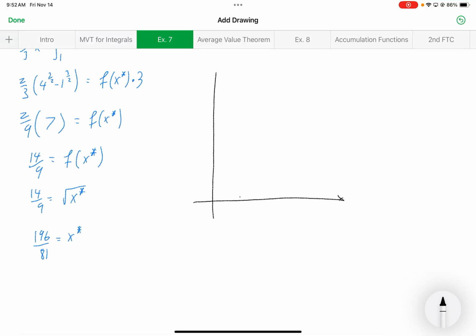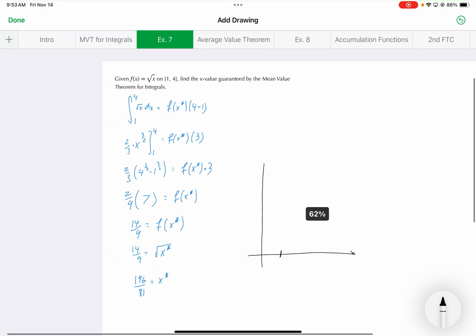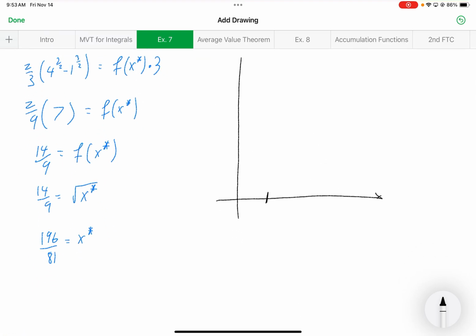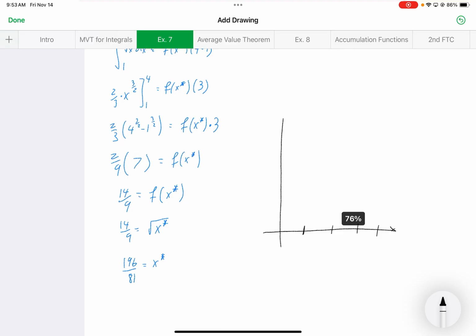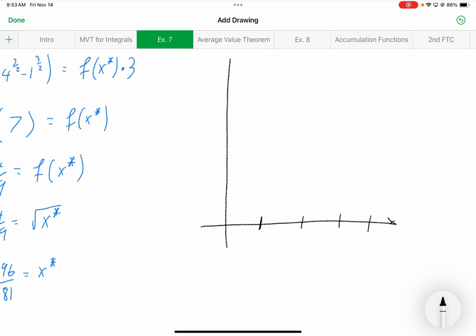Now, let's make a graph. All right, so our interval is from what? 1 to 4? 2, 3, 4, space it out. My outputs aren't going to be very high. Square root of 1 is 1, square root of 4 is 2, so let's say 1, 2. All right.